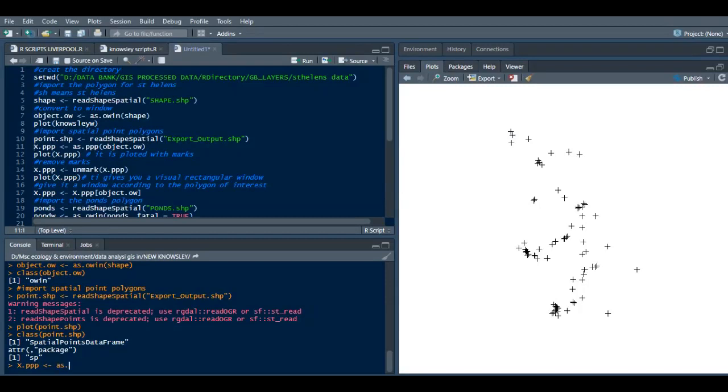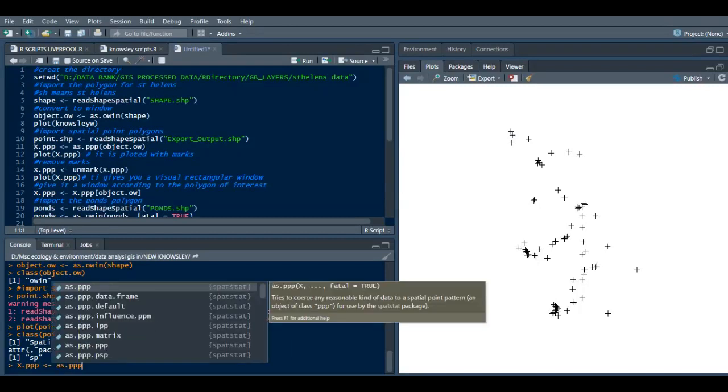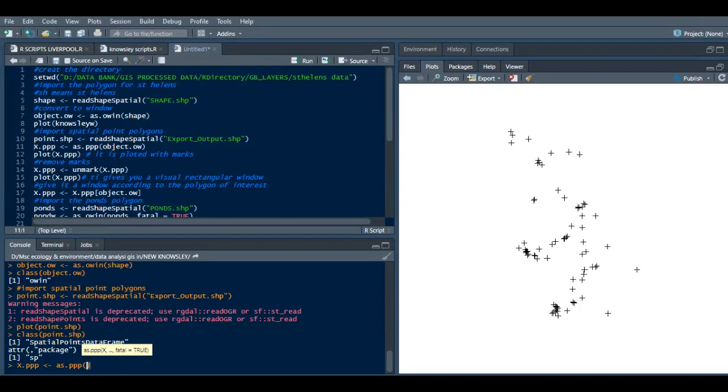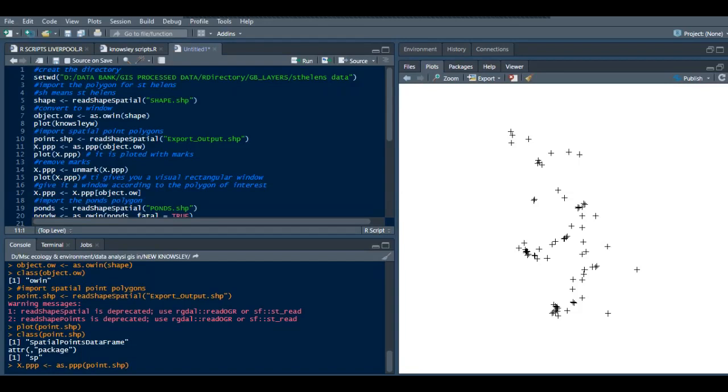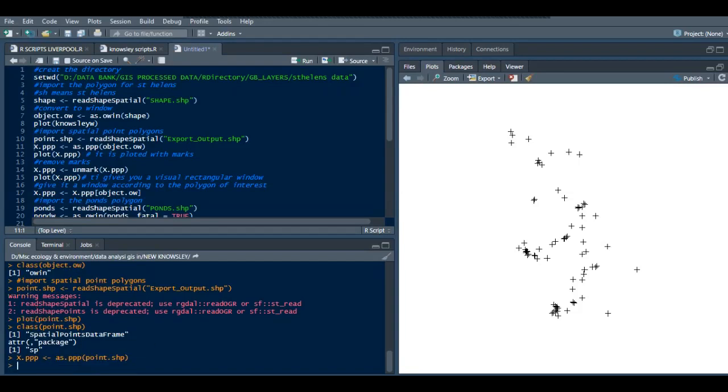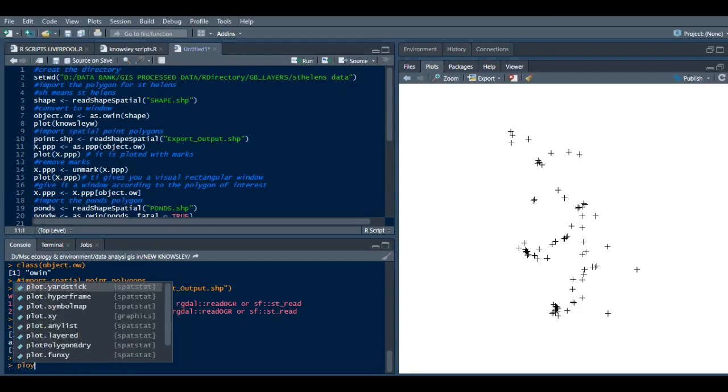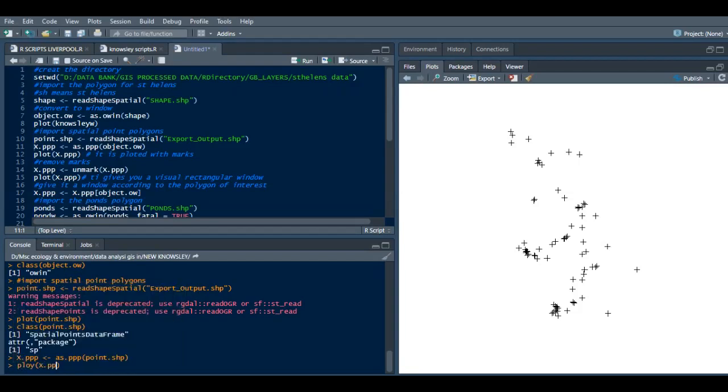It will use as.ppp, and then we put in the name of our shape file, which is now point.shp. When we do that and plot what we have just done, it's still the same.